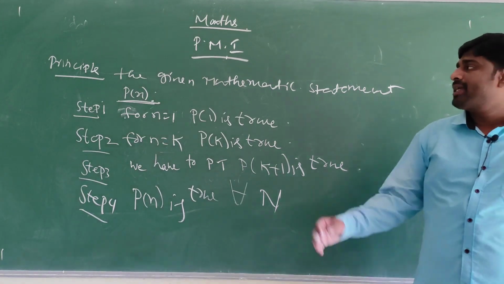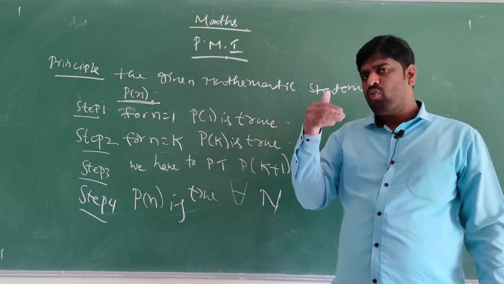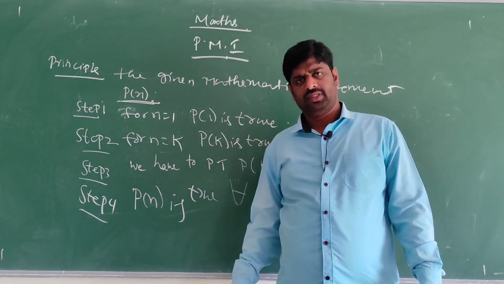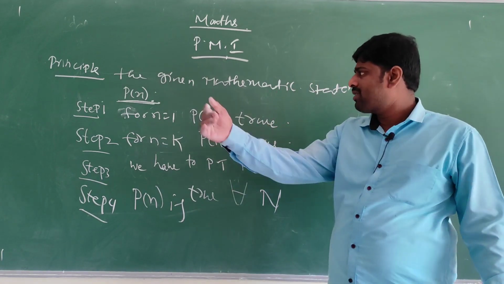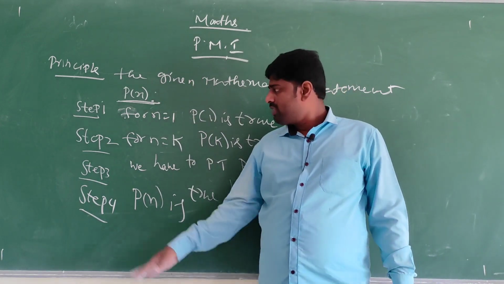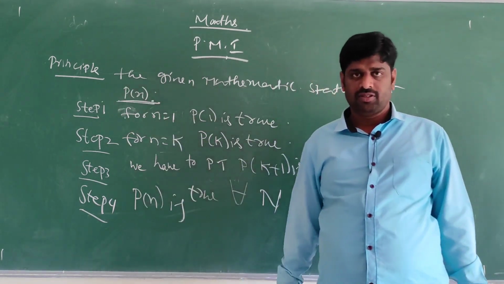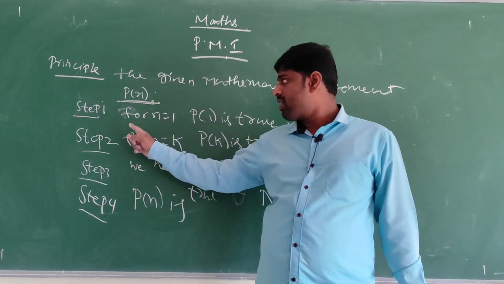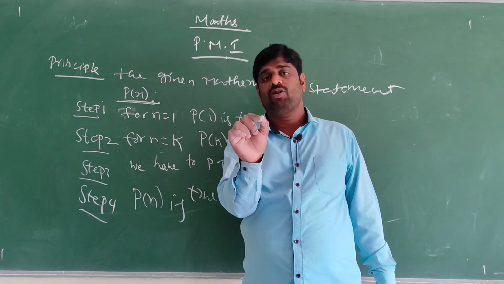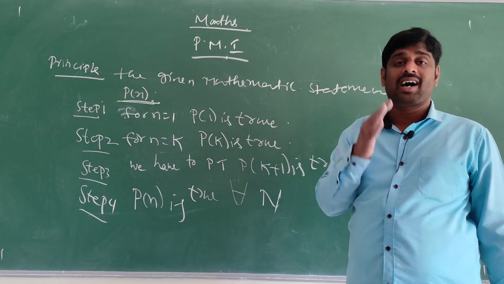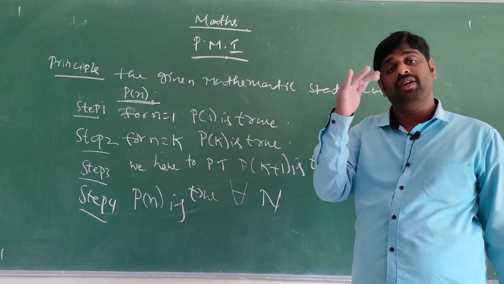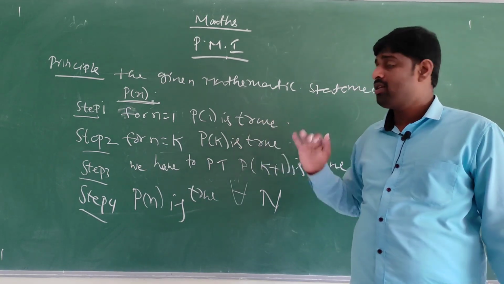Whatever statement they give, the given statement should be denoted as P of n. Here 4 steps will come. For step 1, put n is equal to 1 and check P of 1 for LHS and RHS. If LHS and RHS are equal, then P of 1 is true.